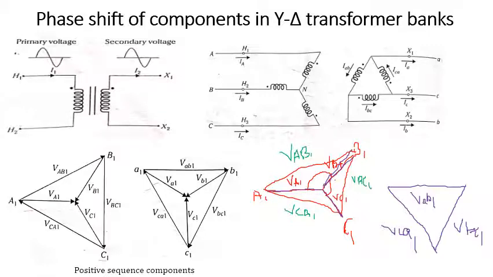So how do we need to write the star connected values at this point?